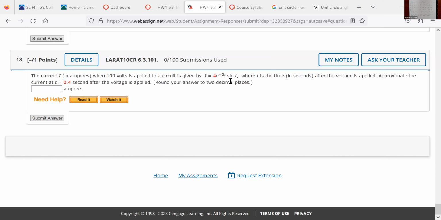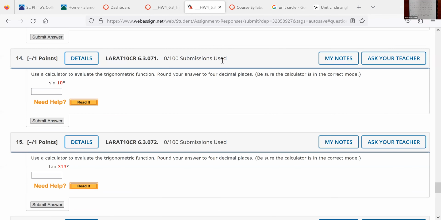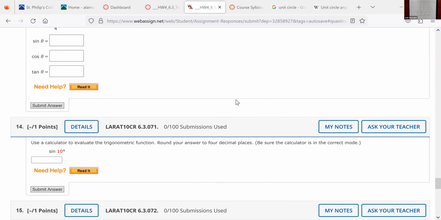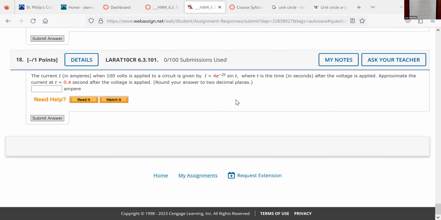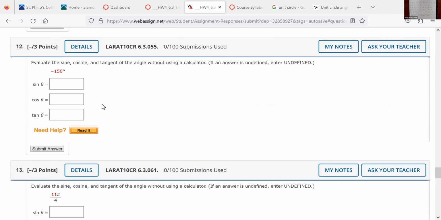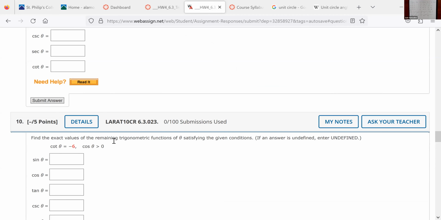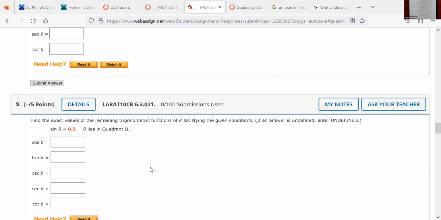Oh yeah, you just plug it in. That's it. 14 through 18 is just plugging into your calculator. 12 and 13 use the ideas of coterminal angles and reference angles, and then solving for these sides.